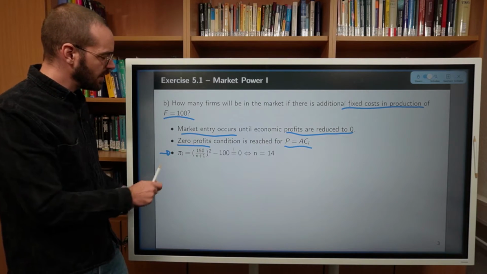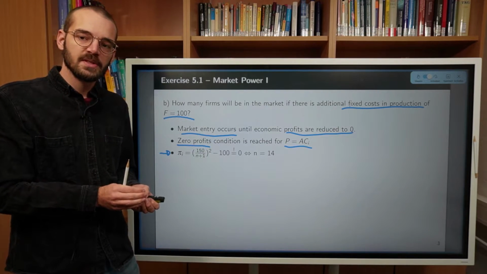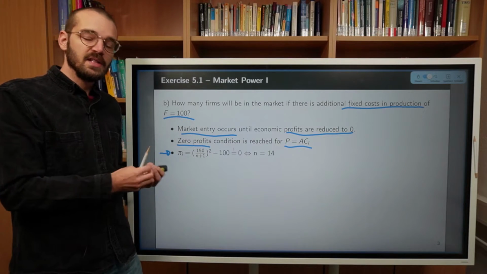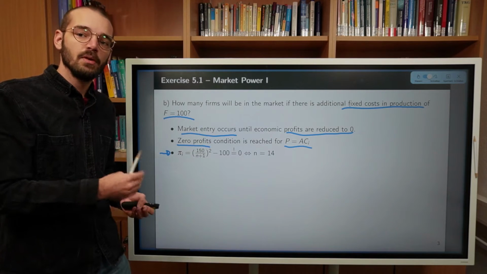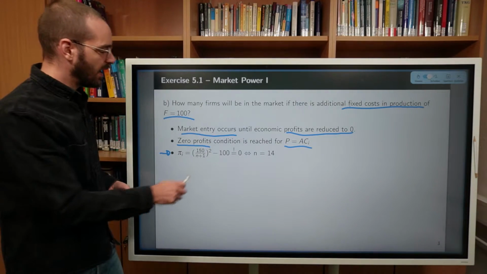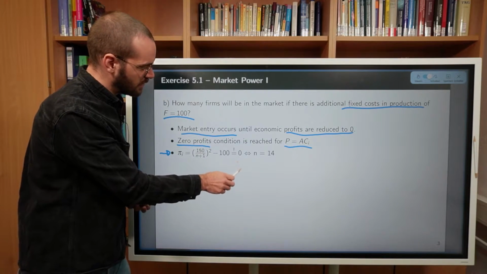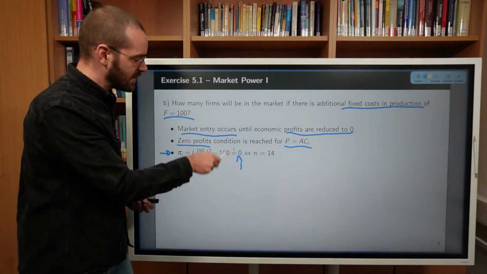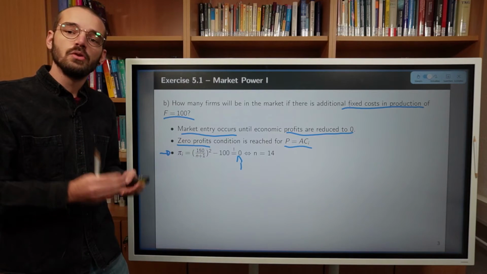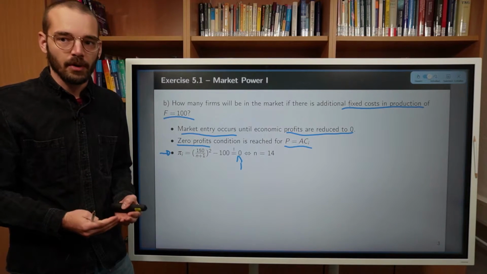All right, so in order to find the number of firms, we can consider the profit function as a function of the number of firms that we derived earlier in the previous task and set it exactly equal to zero, right? Because as we have discussed a minute ago, as soon as this condition is met, there are no additional market entries anymore.